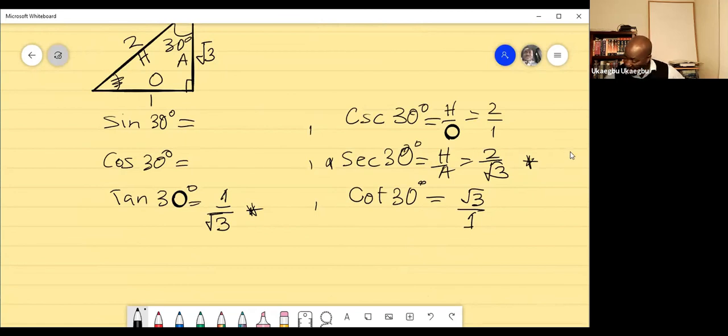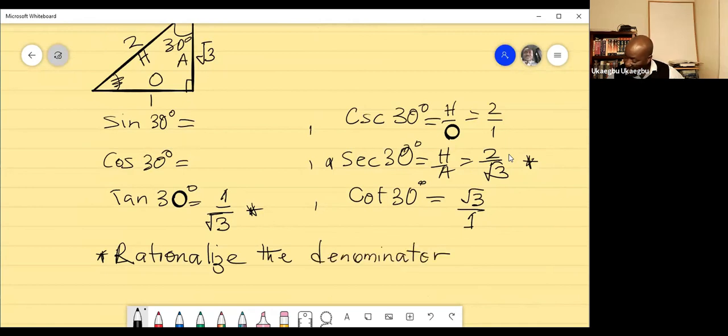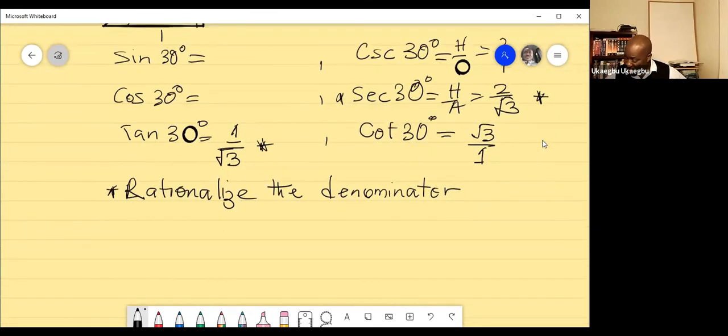For example, let's do secant 30. The subtopic would be rationalize the denominator, and that applies only to the ones that have a square root sign on the denominator. So for example, sec 30 degrees is 2/√3. So it has an irrational number on the denominator.